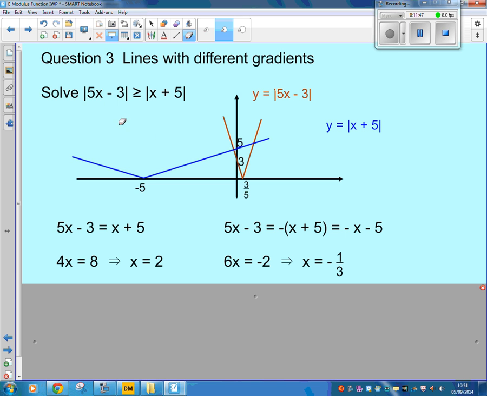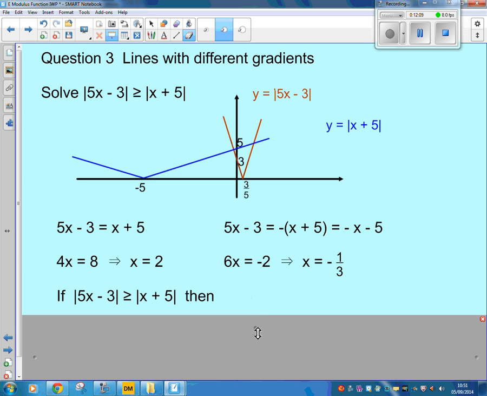Look at the inequality. We want where the modulus of 5x minus 3, the brown lines, is greater than or equal to the other one, the blue line. So it's where the brown line is above or equal to the blue. So it's going to be to the left of there or to the right of there. That was where x is minus a third.